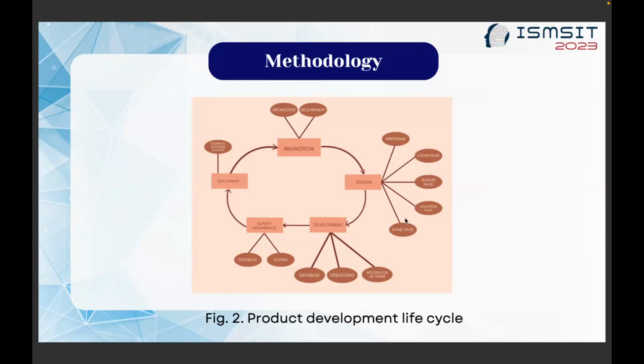All of these have been designed. Finally, the development phase included integration of all these designs into one platform using various technologies. And then, after the development part, quality assurance involved feedback and testing of this product. All these things have then been deployed to the web host server.